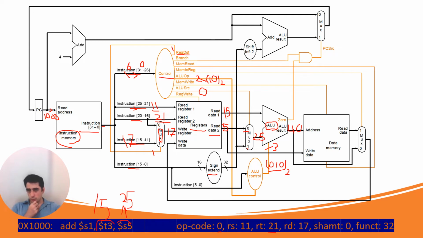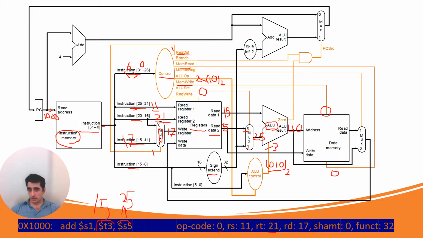Therefore, the two control signals, memWrite and memRead, which are going to control the functionality of the data memory, are both set to 0. This 0 basically emphasizes that data memory is turned off for this particular instruction add, right?